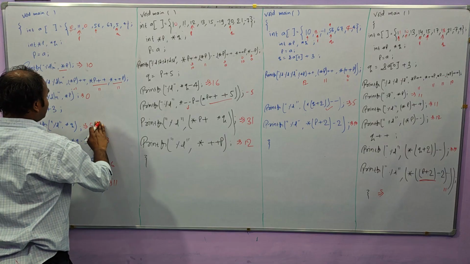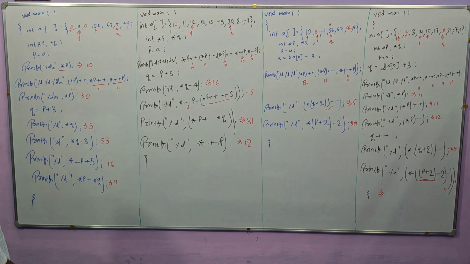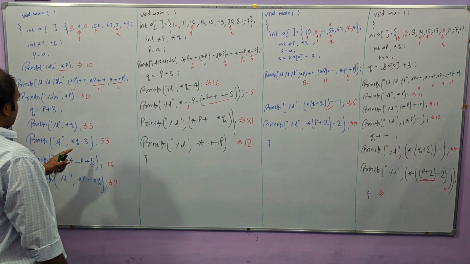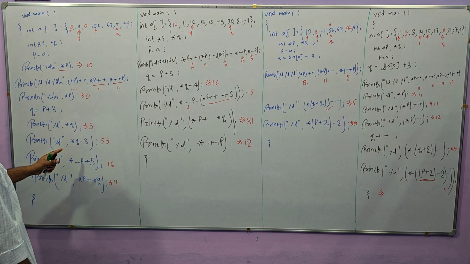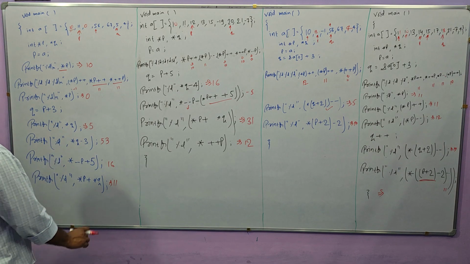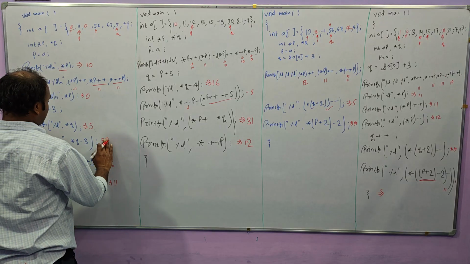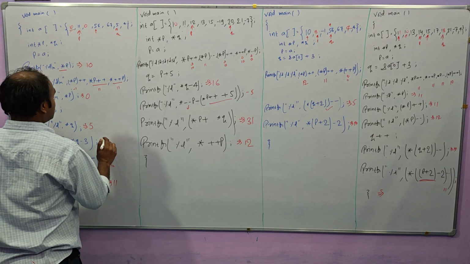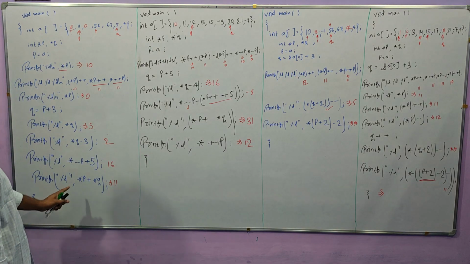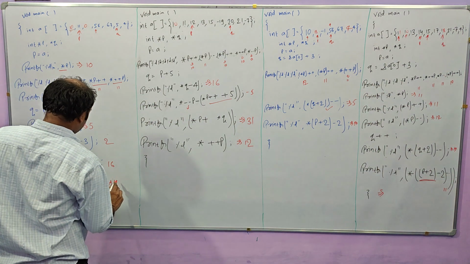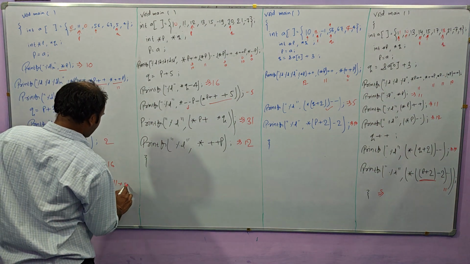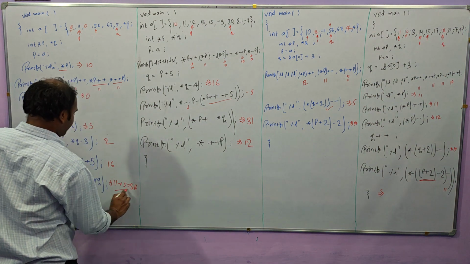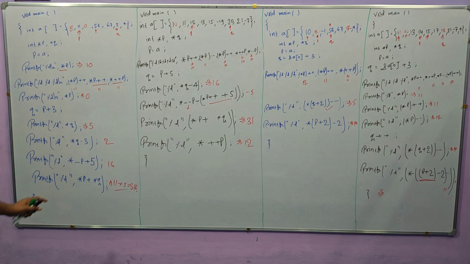Then the value becomes 5, *(q minus 3), 5 minus 3, that becomes 2, and 11 plus 5 becomes 16. So we have some correction here.